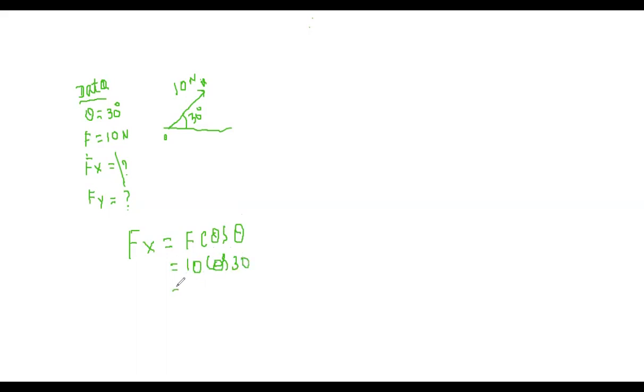So you multiply 10 by the value of cos 30, 0.866 by 10, and you will get 8.66, and when you round off, that will be 8.7.